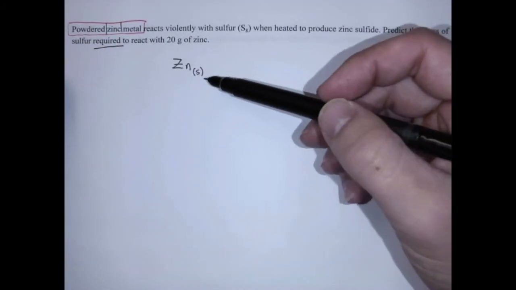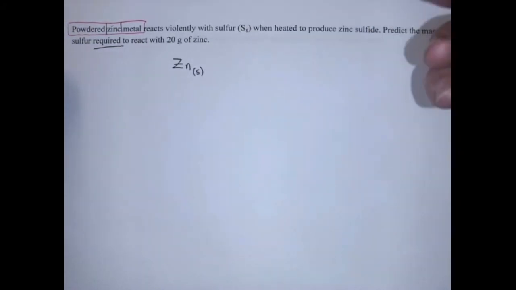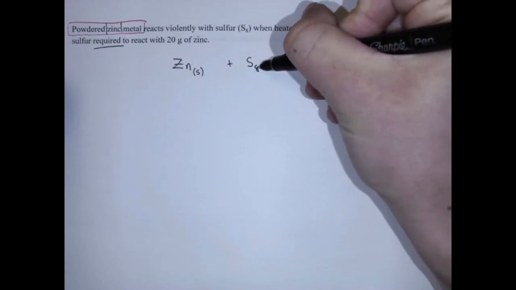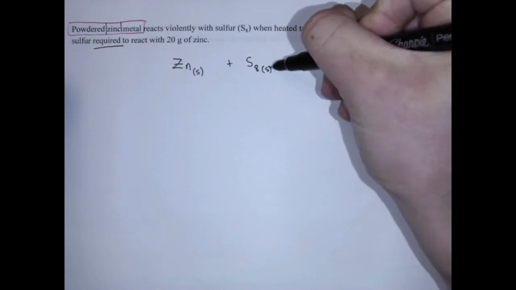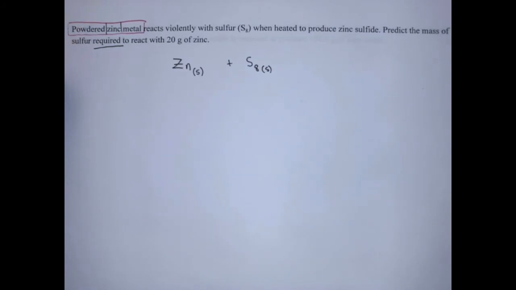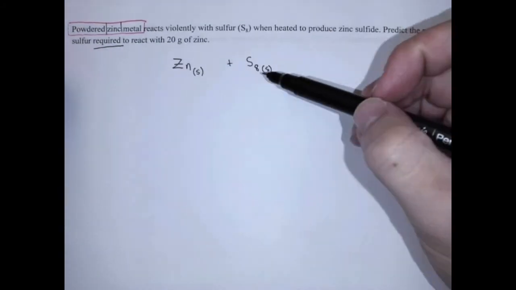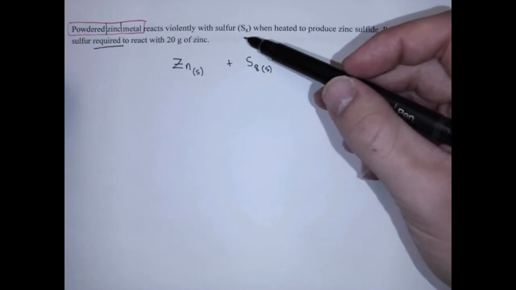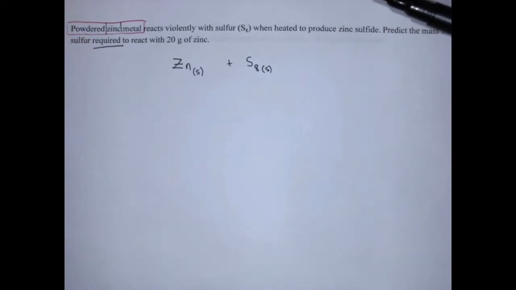We got zinc, solid, and it's reacting with sulfur, also a solid. Looks nice and yellow. Smells horrible. So we have zinc plus sulfur, and it's S8. So the 8 there just means that naturally occurring sulfur can exist as 8 sulfur atoms bonded together in a small kind of network.